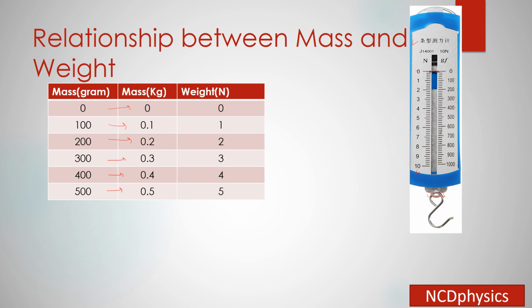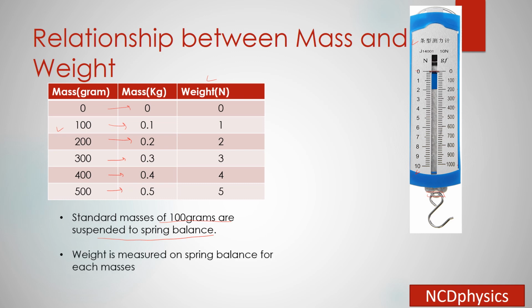We are going to find out the weight of the object. Standard masses of 100 grams are suspended on the spring one by one, and the weight is measured on the spring balance for each mass.